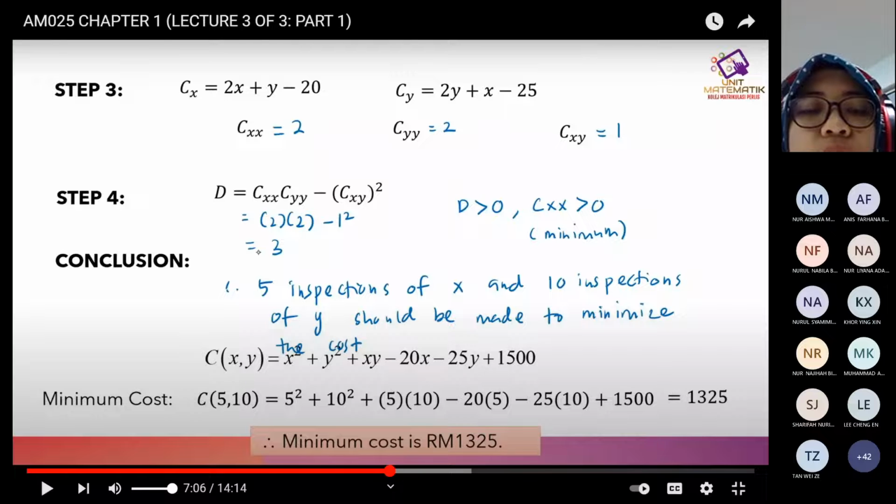That means you need to substitute 5, 10 in the variable that is contained in C sub xx or C sub yy or C sub xy. In almost all the problems, your C sub xx, C sub yy is just a single value. But in case you get a variable, you need to substitute the variable with the respective point that you get. Alright, so proceed.